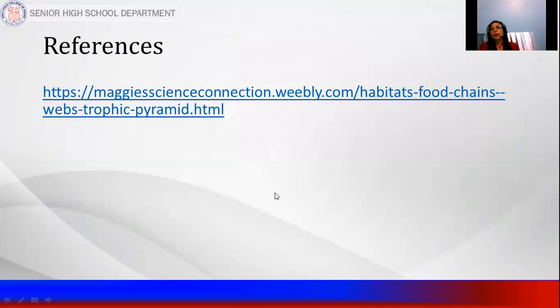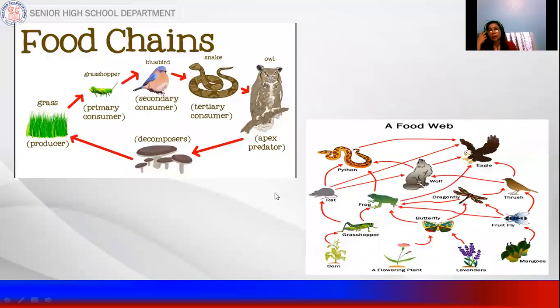As you can see in the food web, we always start with the producers. These producers are being eaten by the consumers.